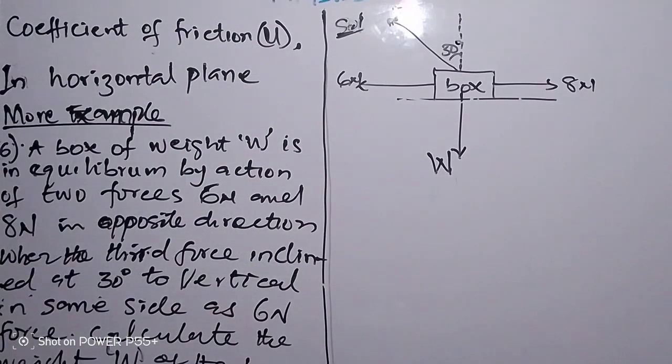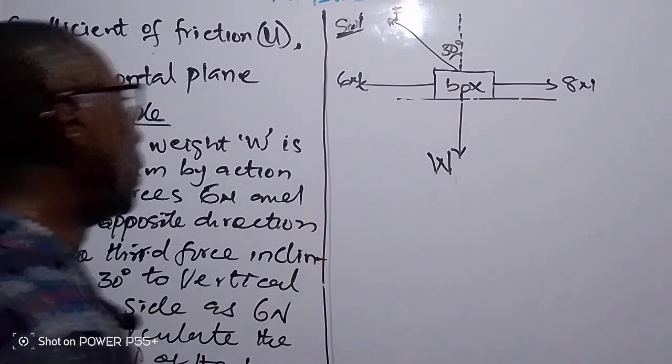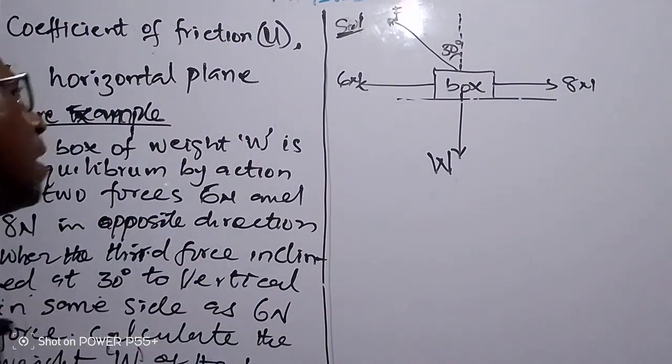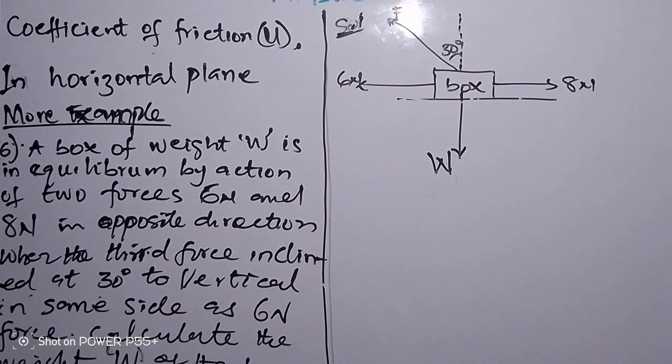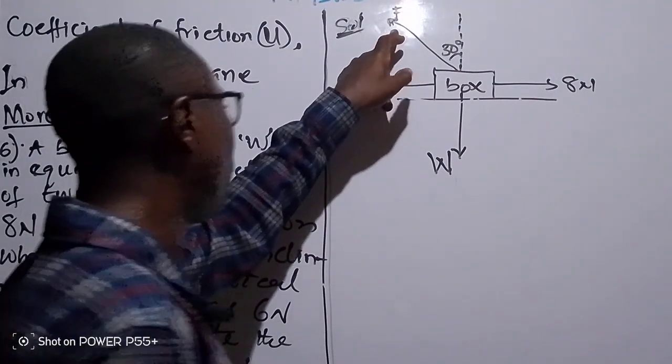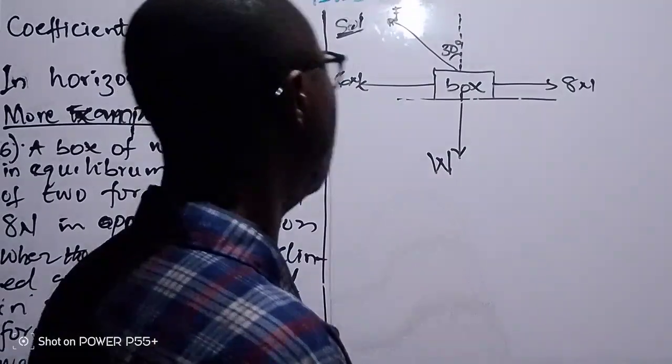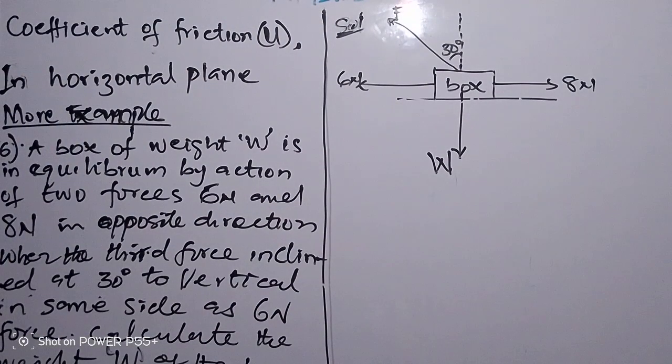Now, the question asks us to calculate the weight of this bus. From this question, we have two unknowns, the third force and the weight of the box.